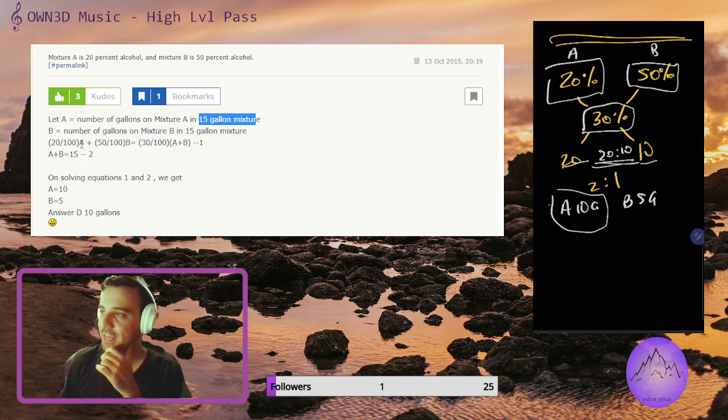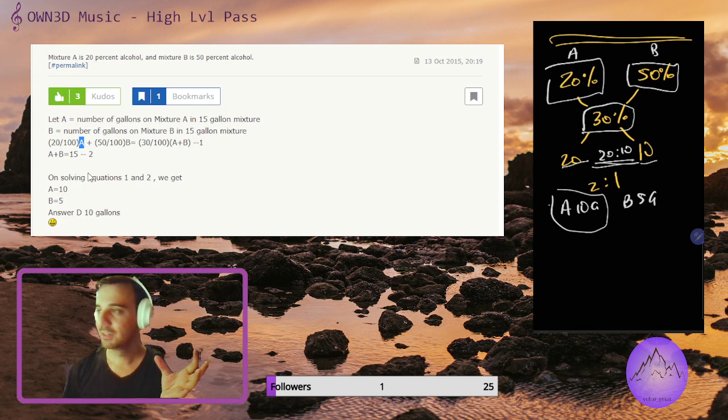So if A is how much of the entire mixture of A there is, 20% of that is alcohol. And if B is the total amount of mixture B there is, then half of that is alcohol, and that was given to us in the question.